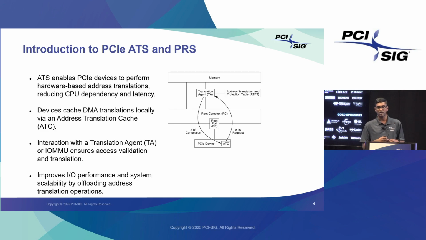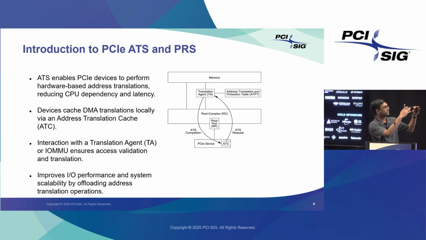This caching mechanism helps to use the physical address directly without the use of the CPU or IOMMU. Looking at the diagram, the PCI device asks for the physical address with an ATS request with an untranslated address, and the root complex coordinates with the TA, which is connected with the ATPT, and the ATPT has all the memory mappings.